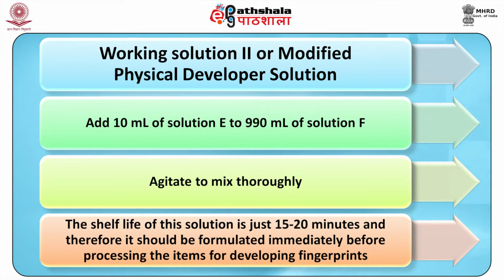Working solution 2 or the modified physical developer solution is prepared by adding 10 ml of solution E to 990 ml of solution F. Agitate to mix thoroughly. The shelf life of this solution is just 15 to 20 minutes and therefore it should be formulated immediately before processing the items for developing fingerprints.